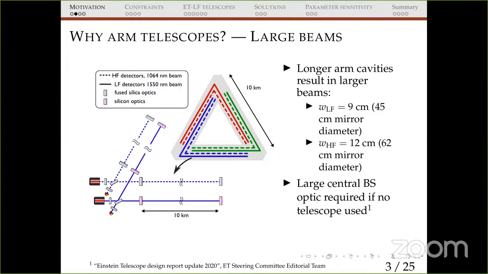As an example, from the 2020 design report update for ETHF, assuming a 60-degree opening angle on the beam splitter, you'd need a beam splitter with a diameter of greater than 120 centimeters to avoid clipping losses of greater than 1 part per million. Beam splitter sizes of this magnitude are difficult to achieve, both in terms of cost and practicality. So reducing the beam size in the central interferometer would certainly help.